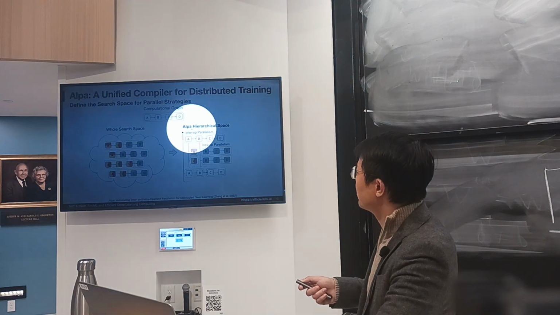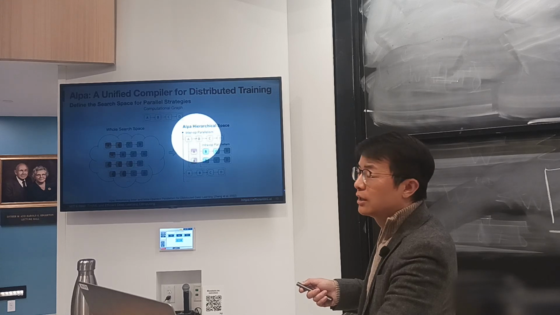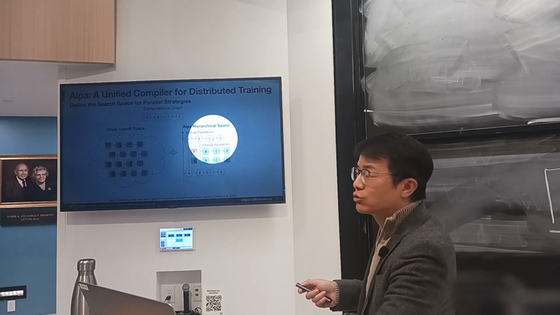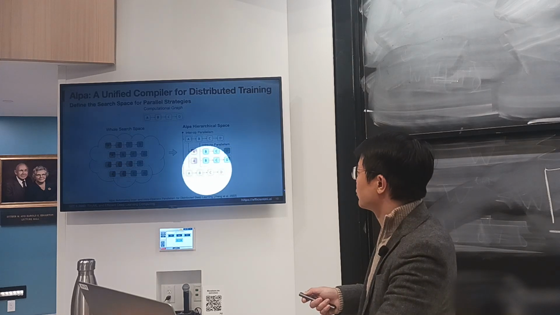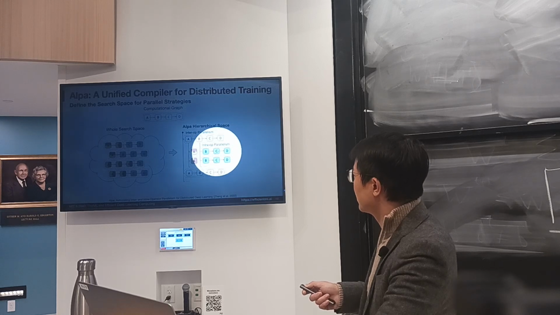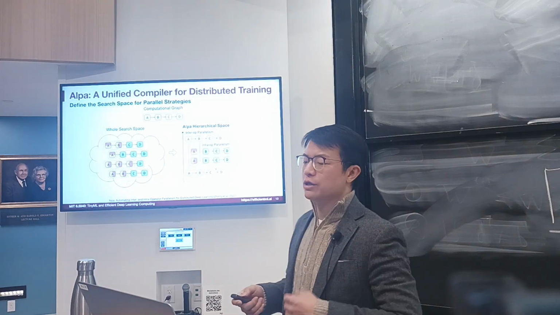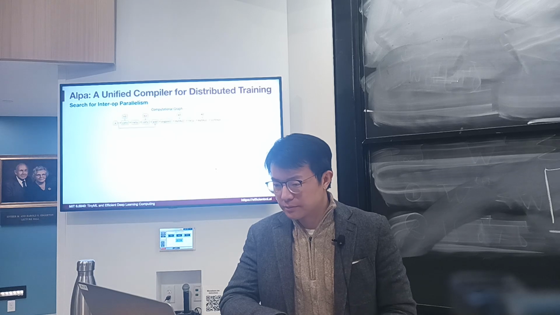First is inter-operator parallelism: layer A is one group and layers B, C, D are another group, or layers A, B are a group and C, D are another. The second hierarchy is intra-operator parallelism: we can partition B, C horizontally or vertically. So we break the problem into these two hierarchies.